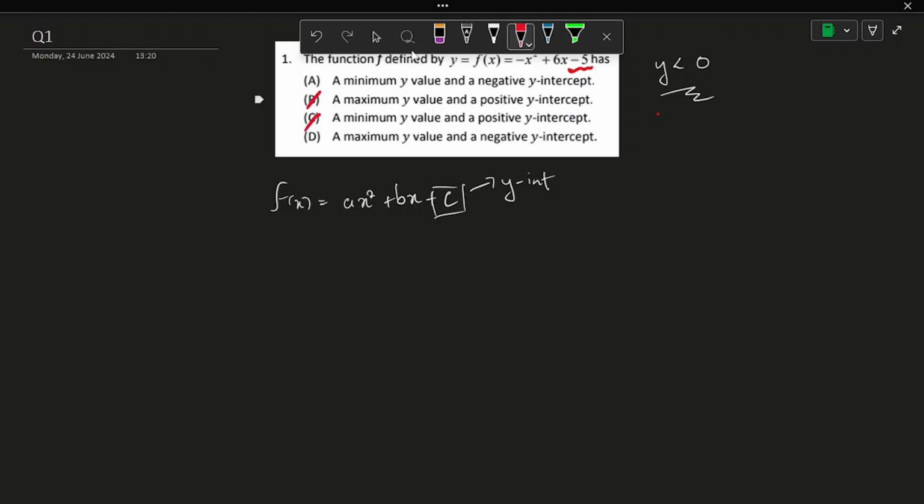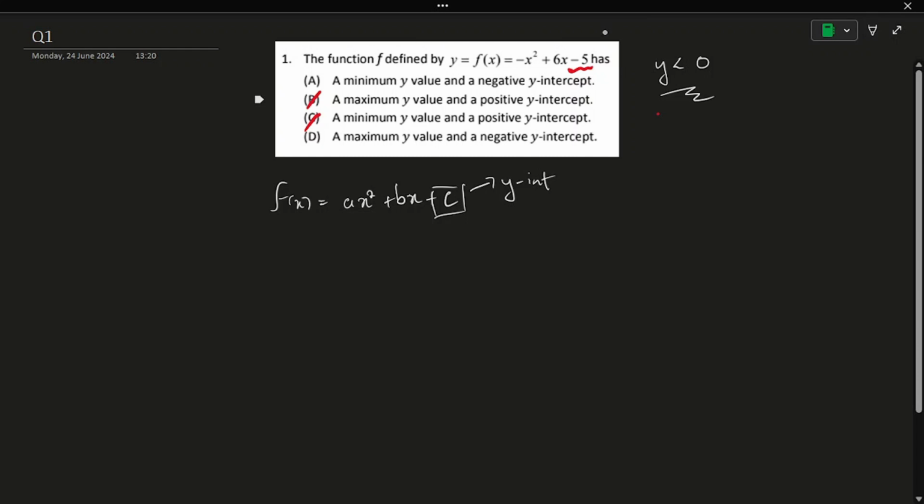Now it's easier to work with a set of 2 choices instead of 4. We know that the answer is either A or D. What we need to find now is if this function has a minimum y value or a maximum y value.